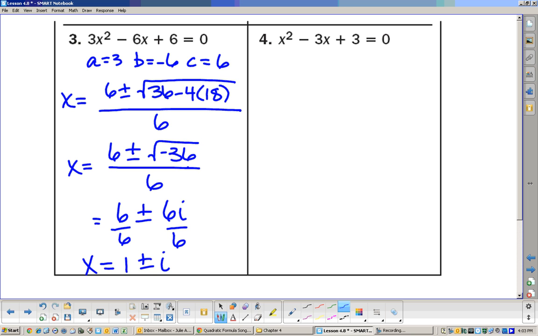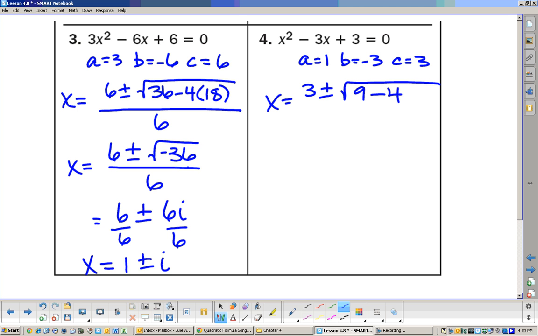Okay, number 4, let's see. a is 1, b is negative 3, c is 3. So x equals negative b plus or minus the square root of b squared minus 4ac, all over 2a. All right, so x equals 3 plus or minus, under the root I have 9 minus 12.